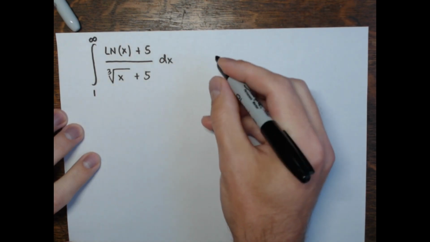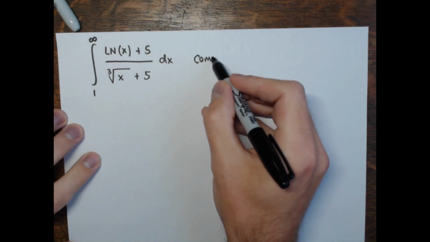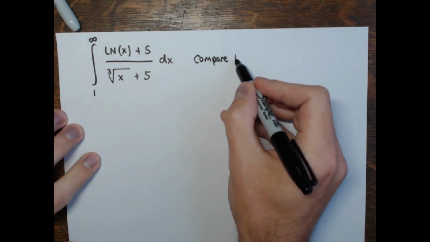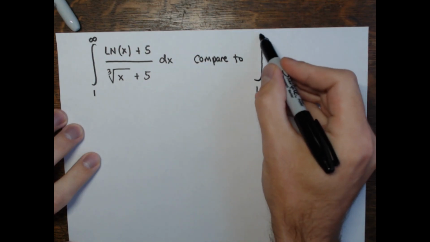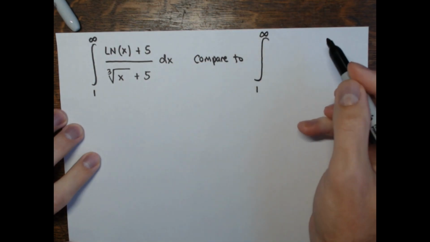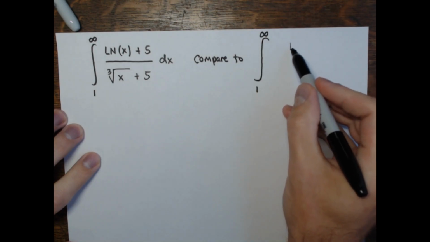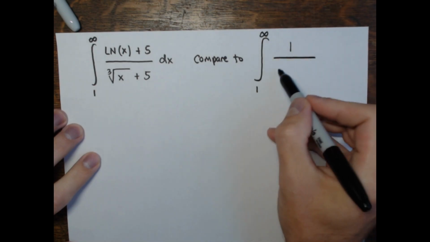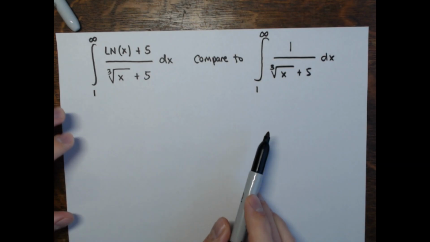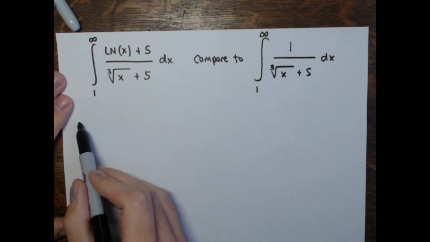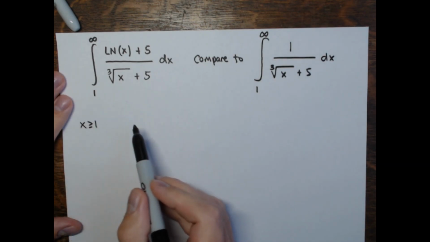And they're asking us to compare to this integral. So same interval, 1 to infinity, of just 1 over the cube root of x plus 5, with respect to x. Now, pretty much like earlier, x is greater than or equal to 1 here.